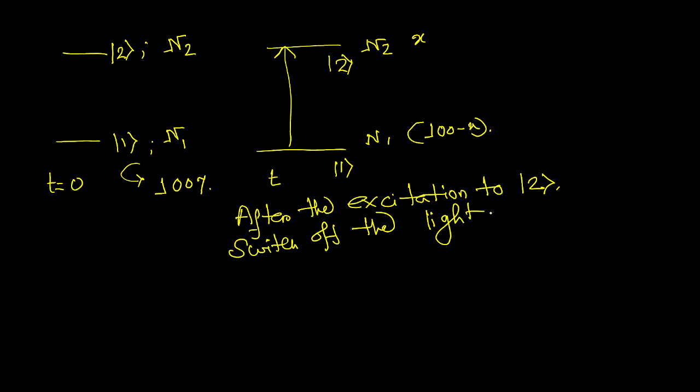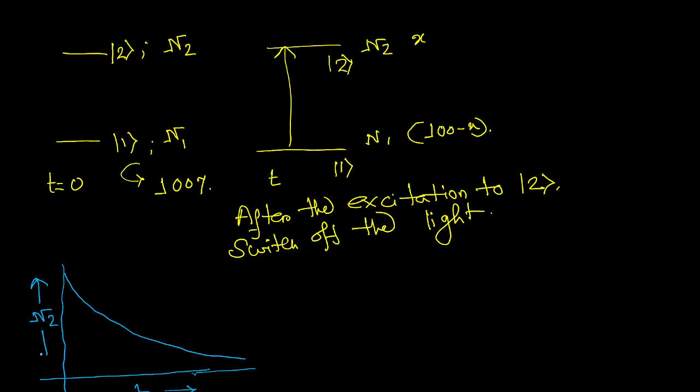Then the molecules decay exponentially. If you record the spectra, you get an exponential decay of population, which means this follows first order kinetics.